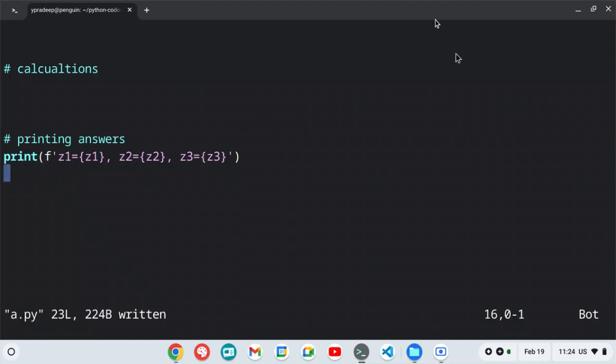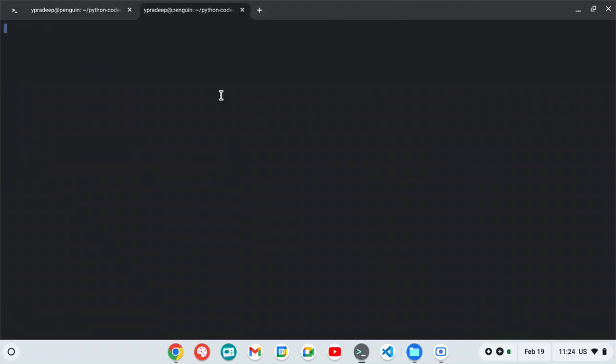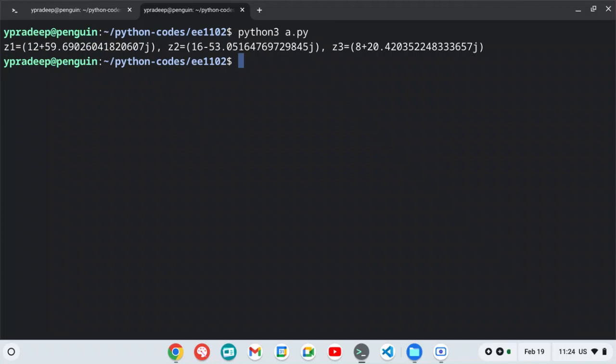So I open one more tab to execute. So I'm getting the answers like this. So Z1 is 12 plus 59 I, Z2 is 16 minus. Minus coming means capacitor is there, and so on like that.